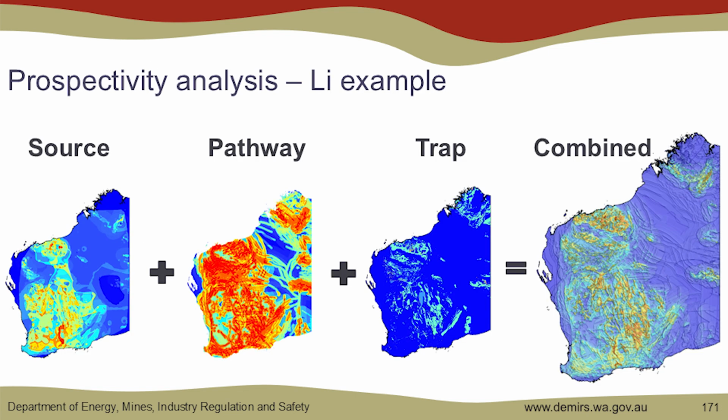So for each of the source, pathway, and trap, we come up with individual maps. We then go about weighting them, and we come up with something like this, a nice combined prospectivity map. So this is for the lithium, and as I said, we're currently working on the nickel one as well, so watch this space.